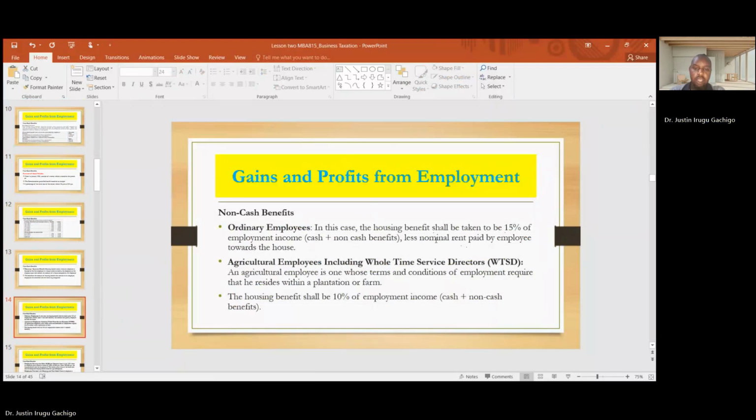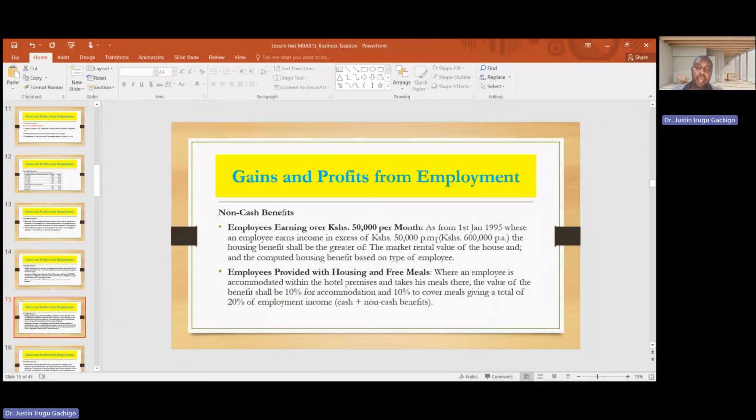Del Monte, yeah, or the BAT farms, the sorghum farm for East African Breweries. So these are the ones who are agricultural employees. In this case, the housing benefit shall be 10% of employment income. So instead of 15%, here it is now 10%.